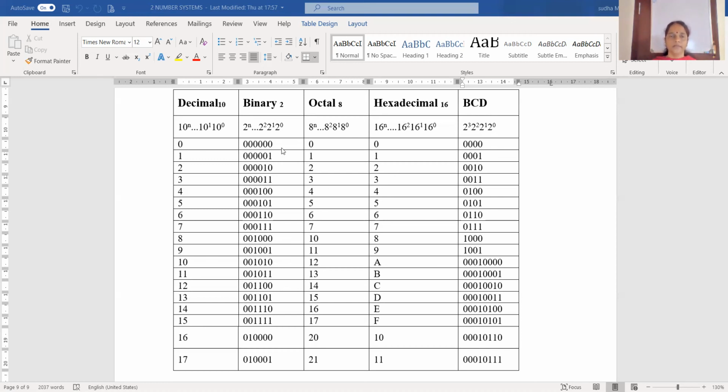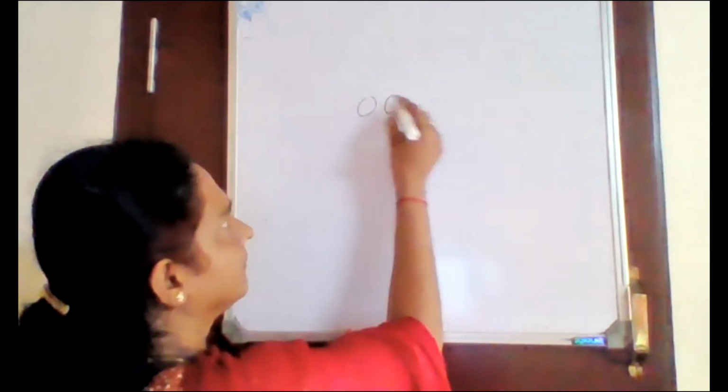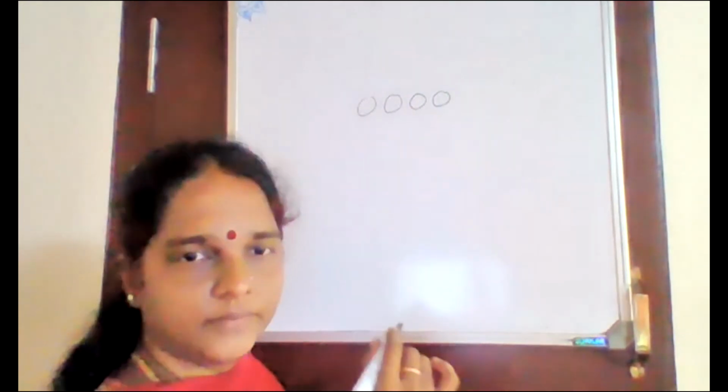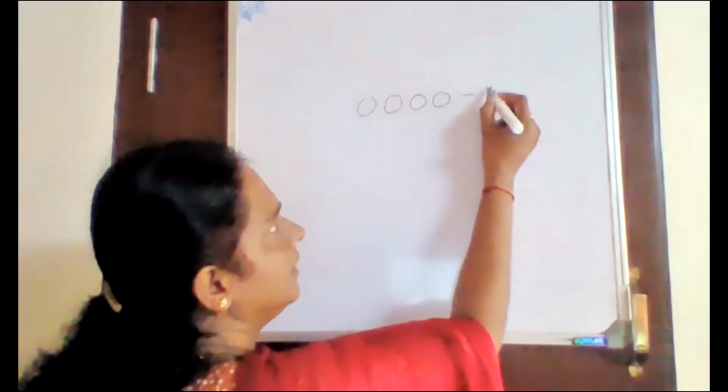Now, let us take these binary numbers. Each of these zeros and ones that we have written is called a bit. These are called binary digits. A binary number with 4 bits is called a nibble.